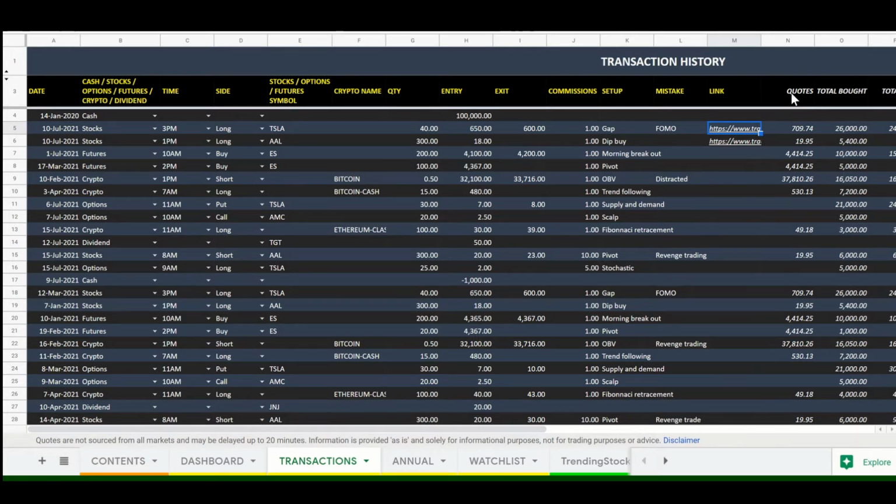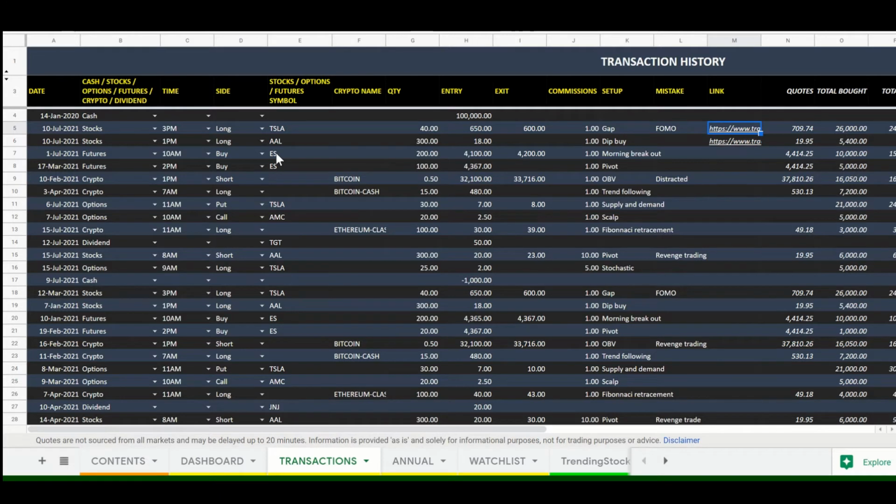Now, the next column right here, everything on the right side, you don't have to type them, and don't change them because there are formulas there. Everything on the right is formula based. So like the quotations, even crypto, for example, Ethereum Classic, it will show you the quotation there.